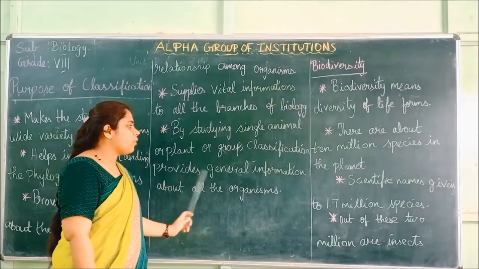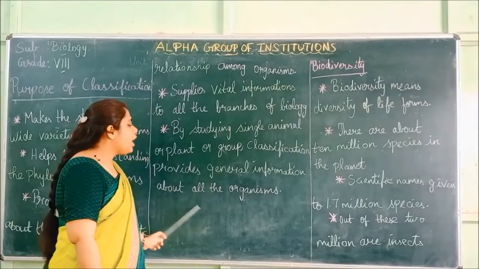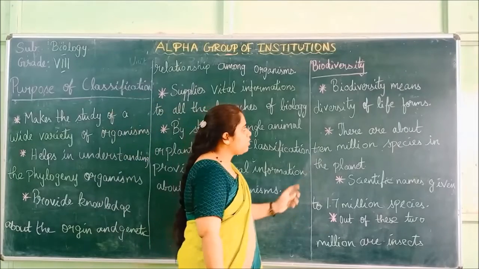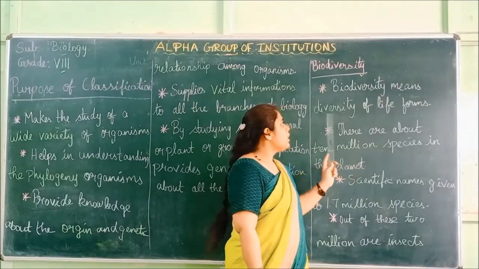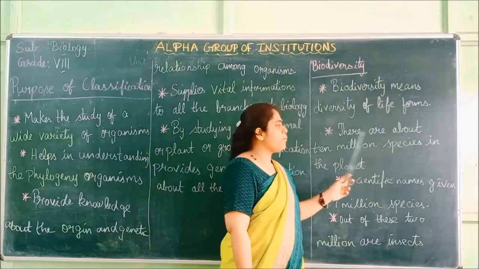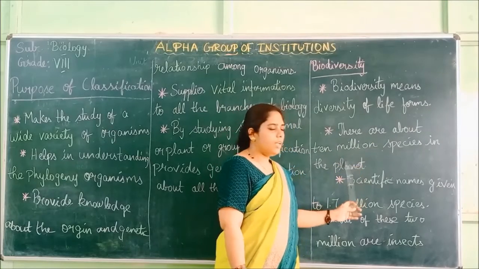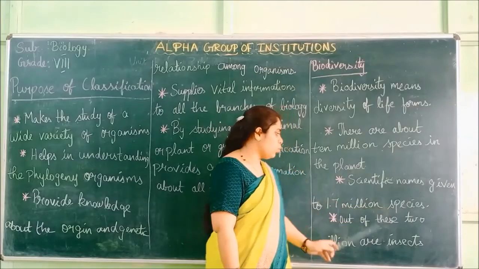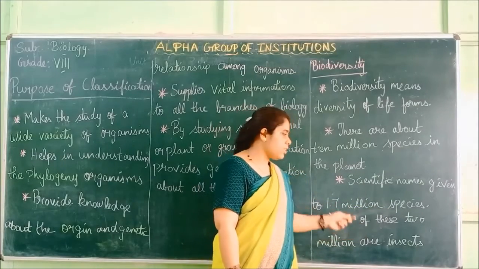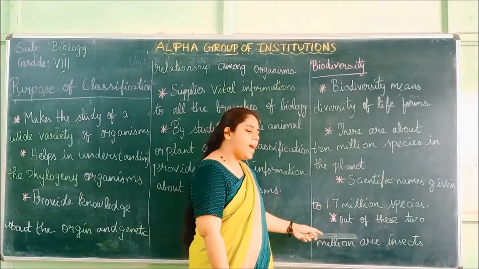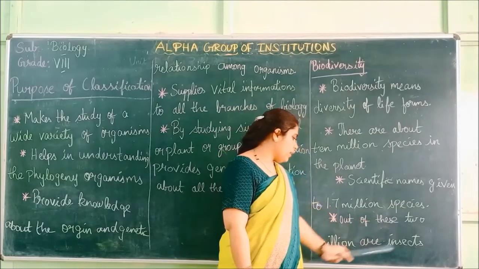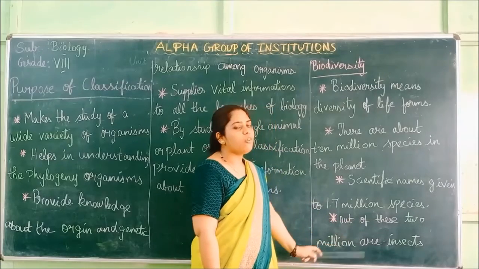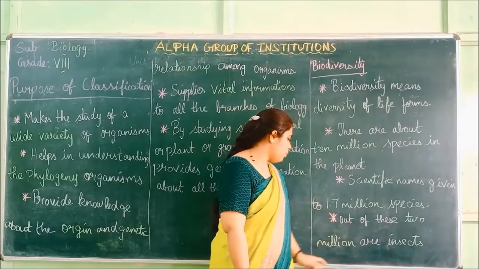So classification provides general information about all the organisms. And next we saw biodiversity. Biodiversity means diversity of life forms. And there are 10 million species on the planet. Scientific names are given to only 1.7 million species out of this 10 million. And there are 2 million varieties of insects alone on the earth.